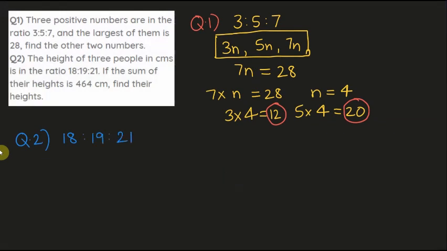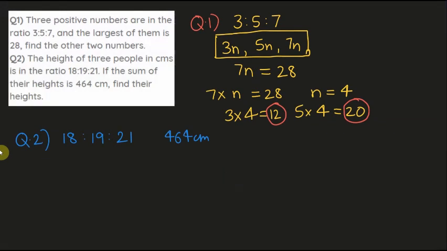This is similar to what we have done in the last video. You can check it out before we solve this. The sum is 464 centimeters. Let me write that down too, because it's important you write all the data before you solve the question.